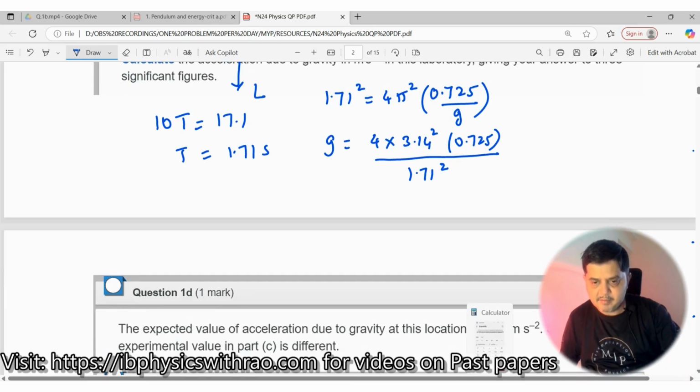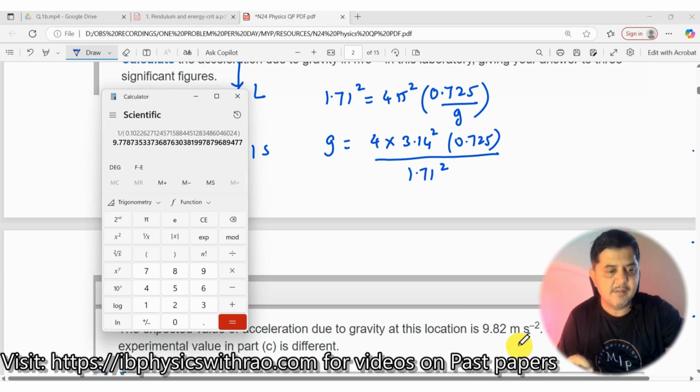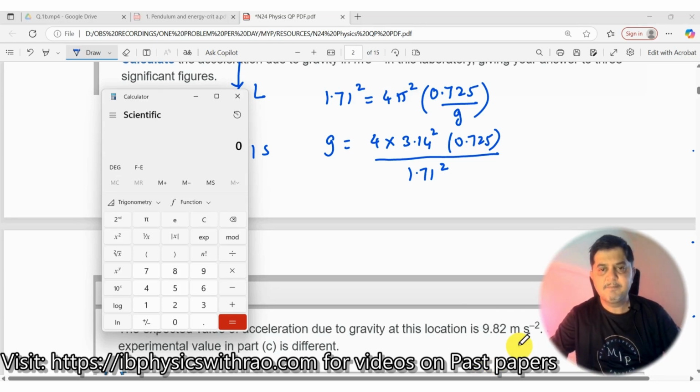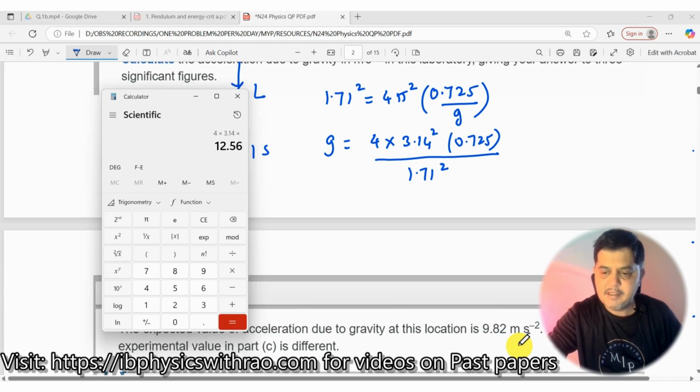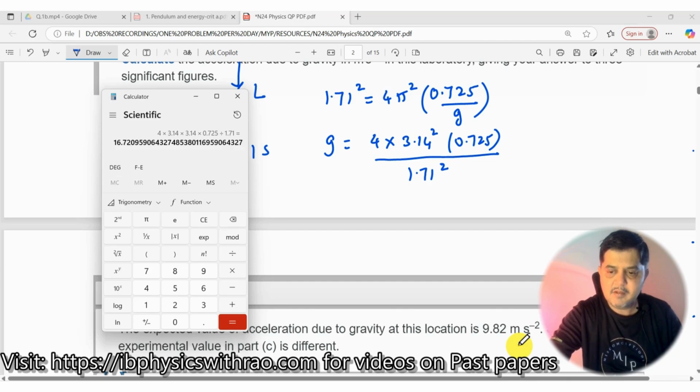Let me take up my calculator. So this will now give me 4 into 3.14 into 3.14 multiplied by 0.725 divided by 1.71. Did I do the calculations properly? Yes, it's right.